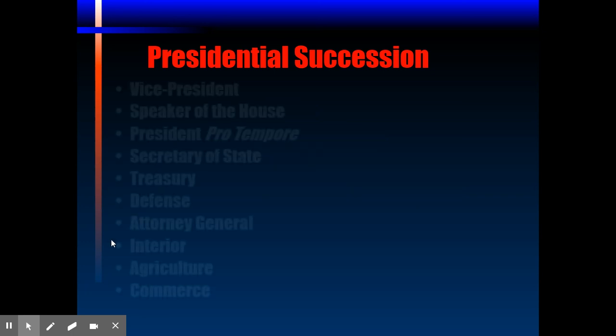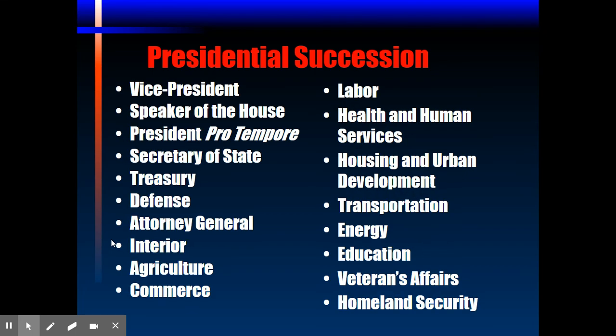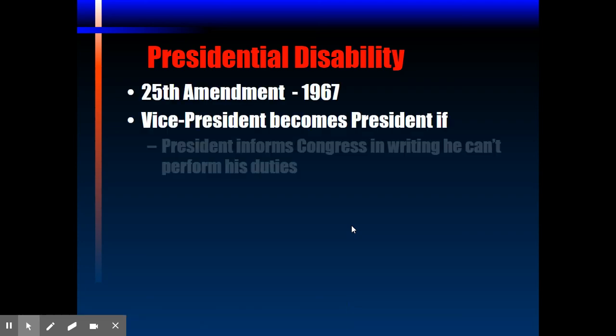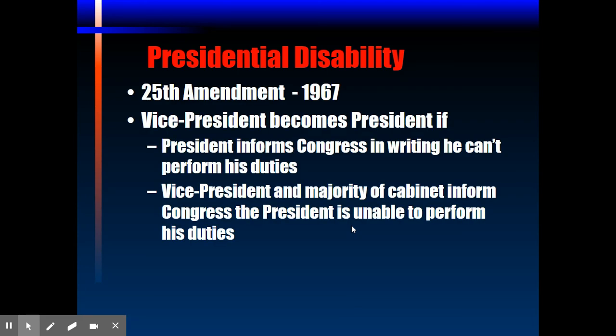Here's the line of succession, right? So vice president, speaker, and president pro tem. And then, of course, it goes through the cabinet secretaries in the order that the cabinet office was created. So the last one would be Homeland Security. And then, of course, it would go through the ranking members of Congress all the way through. So that's 535 more people they have in that line.